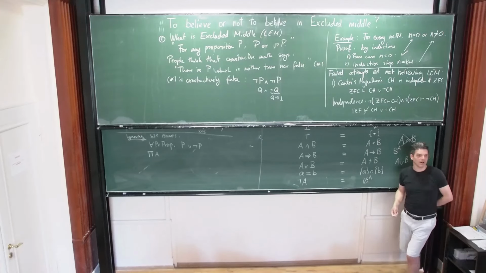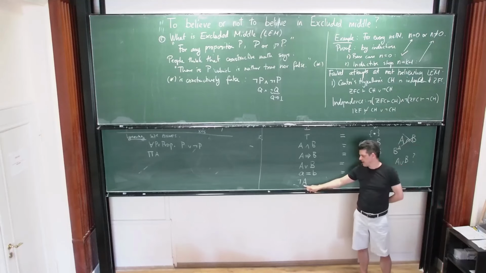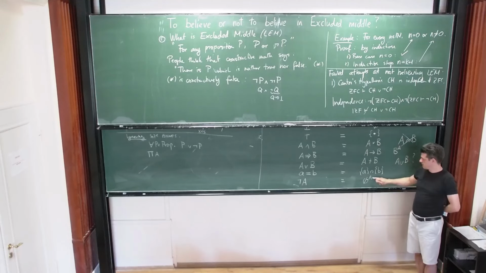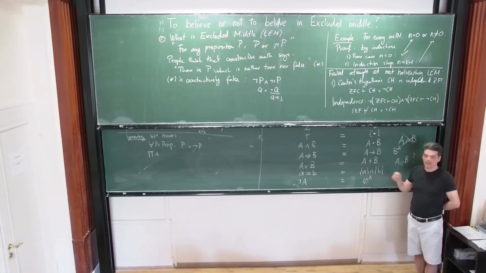Let's naively think about the two interesting cases. If A is empty, then I will get functions from empty to empty. Is there a function from empty to empty? Yes. So not of false will be true, and if A has an element, this is the empty set, so it's okay. So that's how negation works.